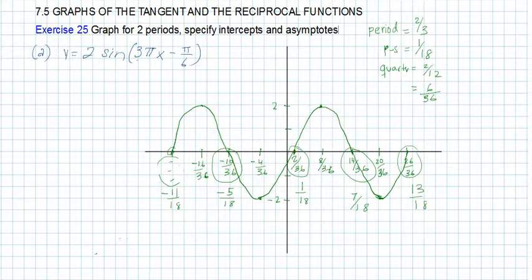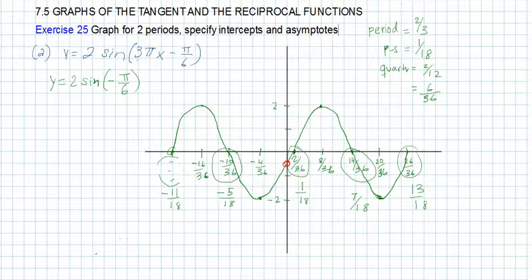Okay, like I said, we have one y-intercept, which is right there. How do you calculate the y-intercept? The y-intercept, you start with the original function, y equals 2 sine. So at the y-intercept, x equals 0, so all this is going to be 0, so that's going to be minus pi over 6.